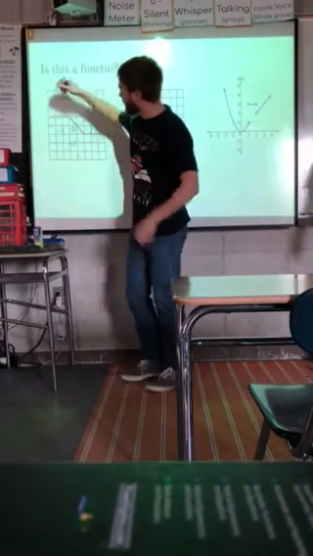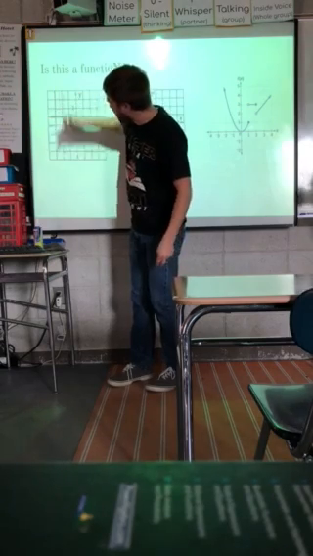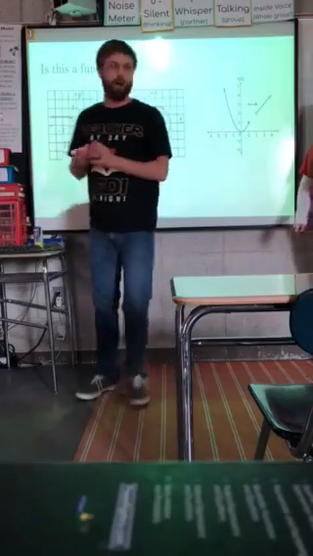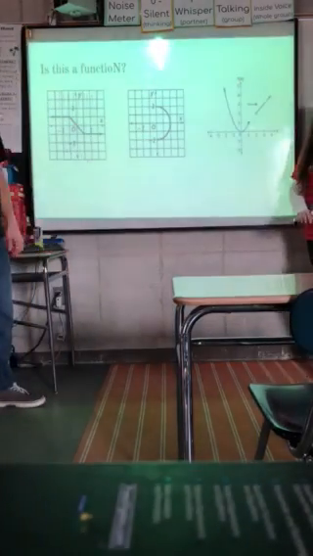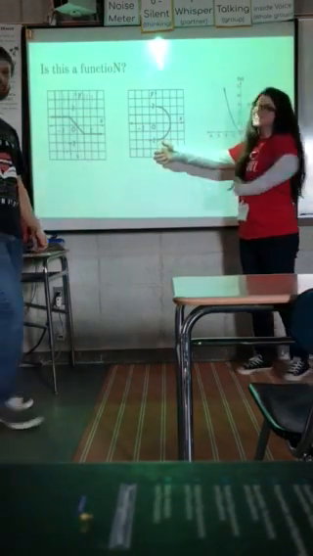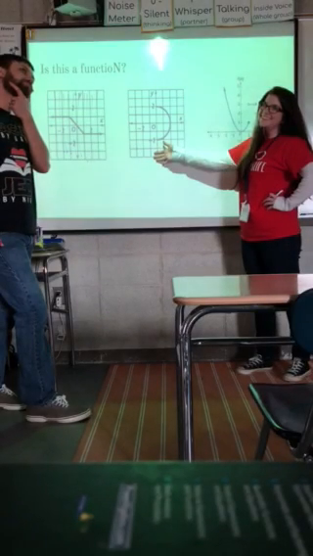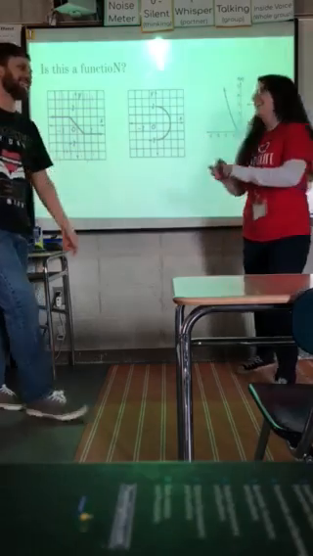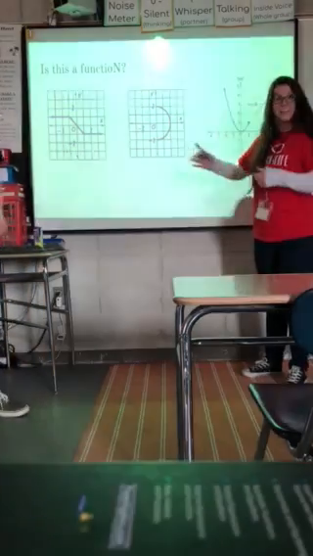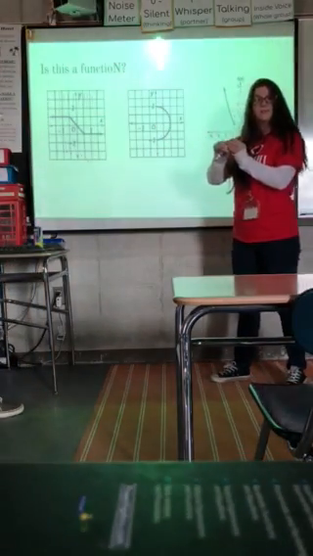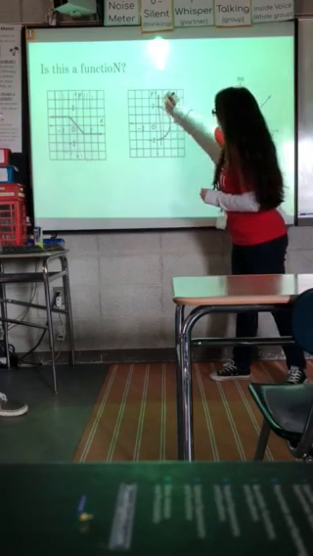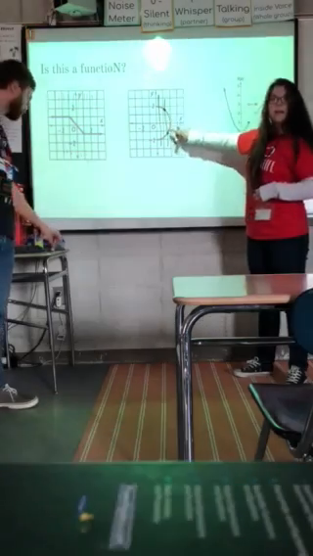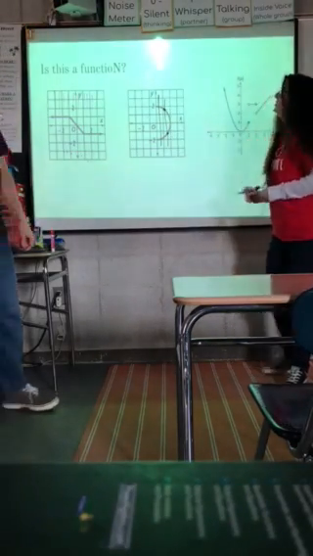I can draw vertical lines anywhere on this graph, and each vertical line will pass through only one point. What about this second one? This one is not a function because if I follow the same vertical line test, I can draw lines through the function and notice that at one x value, I'm touching 2 different y values.